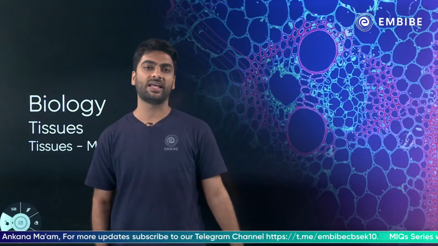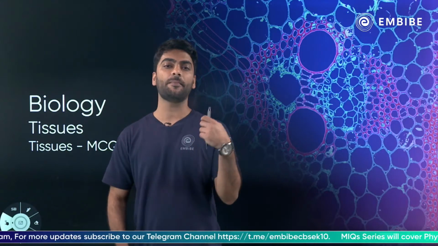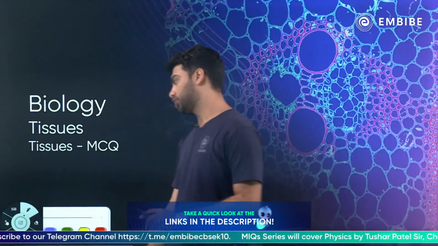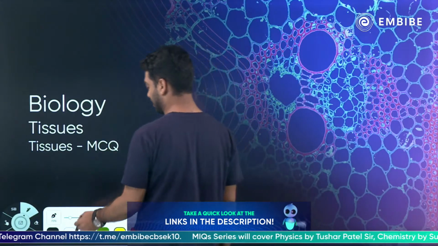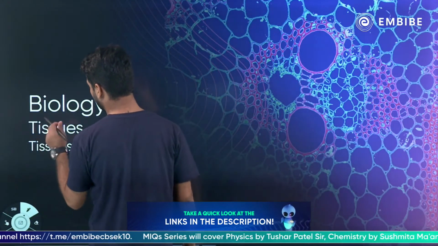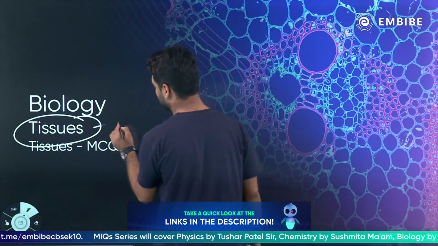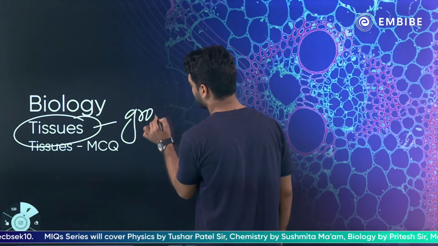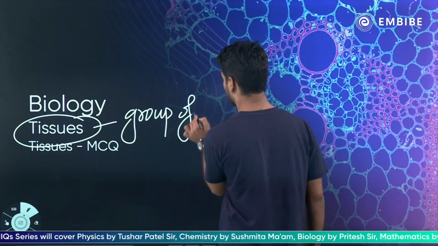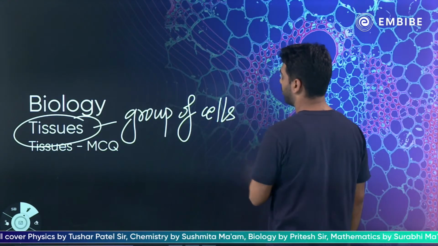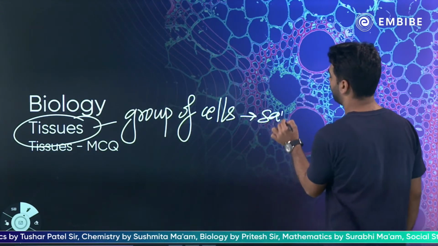तो हम लोग आज करने वाले हैं टिश्यूज इस चैप्टर के मल्टीपल चॉइस क्वेश्चंस. What exactly are tissues? So tissues are nothing but a group of cells performing the same function.